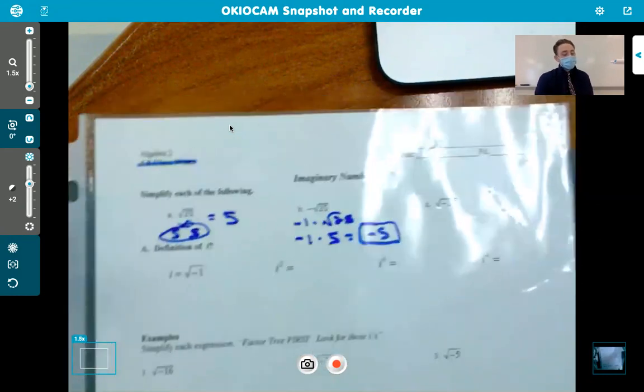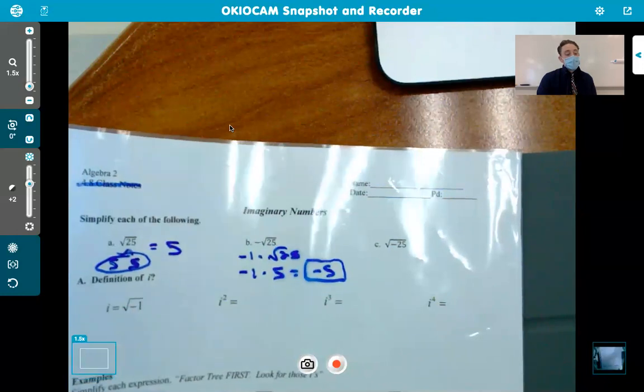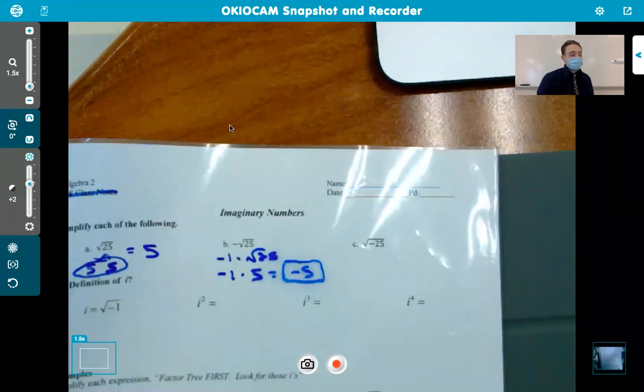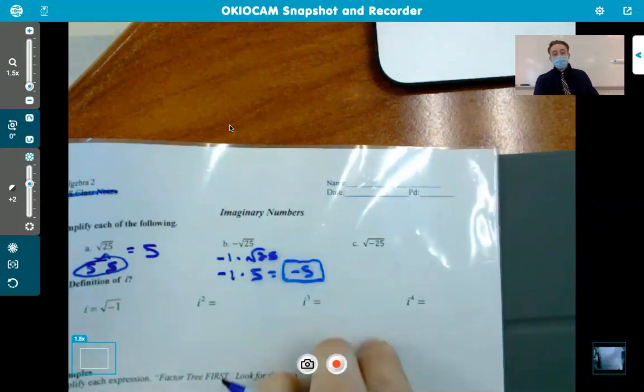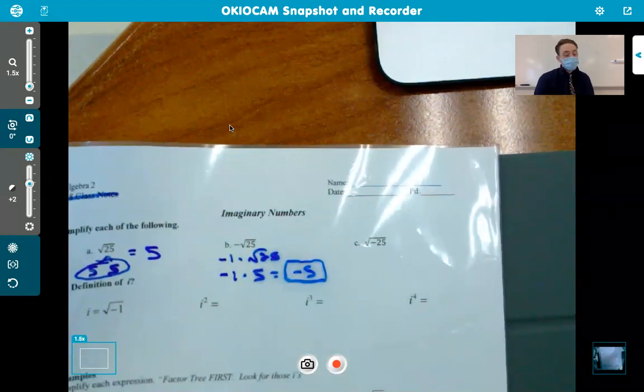When we have a negative inside our square root, so you see here in part C, I can't immediately say, oh, that's -5, or that's 5 times -1. I can't simplify this right away. I need to do a little bit of work in order to do this. And that's when imaginary numbers start to come in.